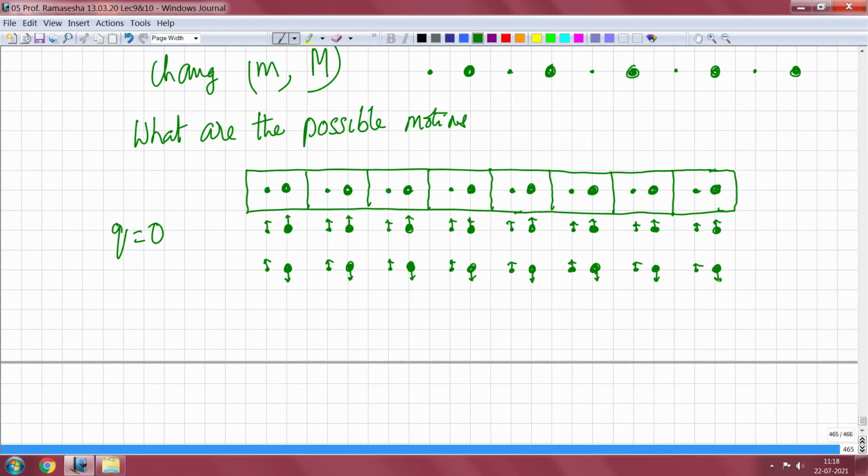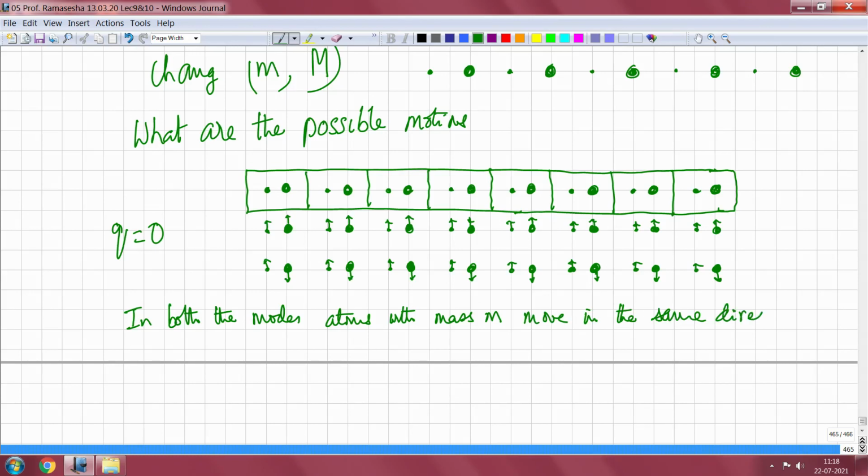So what you are seeing is that in both the modes, atoms with mass m move in the same direction by the same amount. This is the q equal to 0 mode.